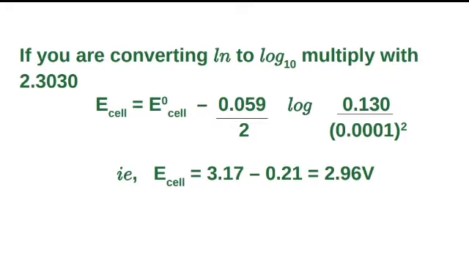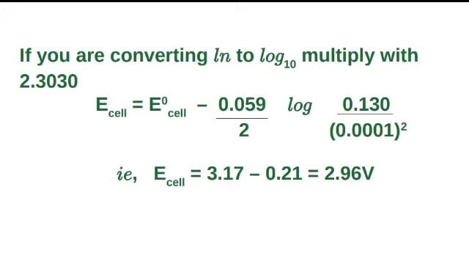E cell is equal to E0 cell minus 0.059 volt divided by 2, that is the value of n, log of the molar concentration of Mg2+, that is 0.13, divided by the molar concentration of Ag+ squared, that is 0.001 whole squared.